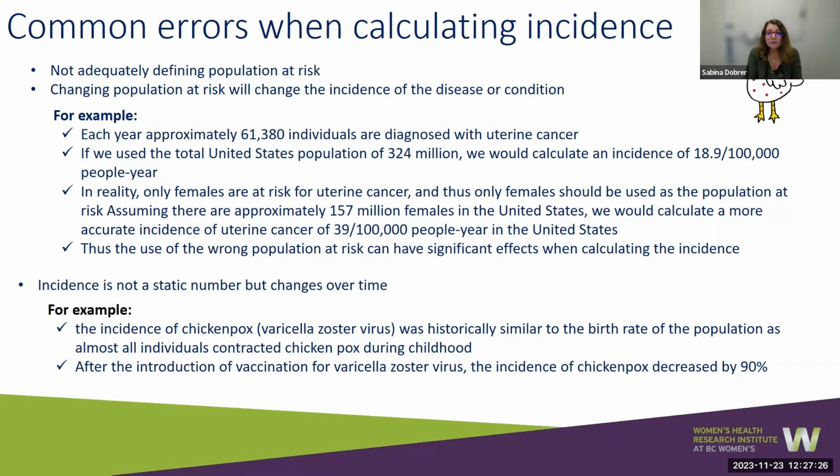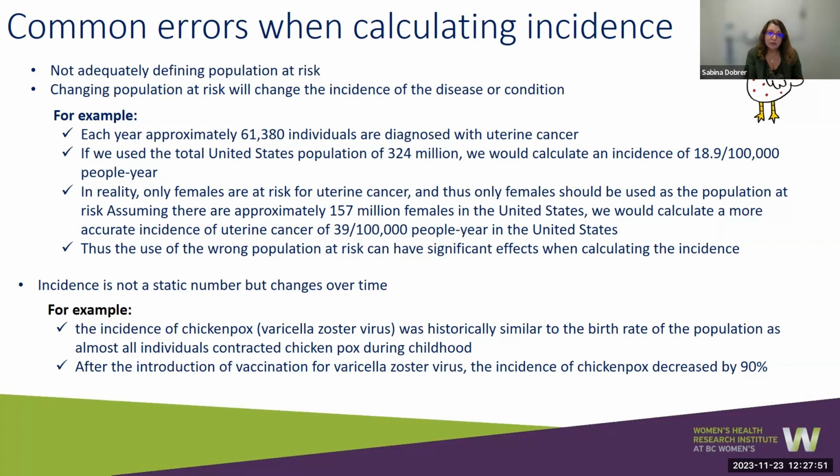So we can't calculate it over the full population of the United States. We need to calculate it only on the female population in the United States. So when we recalculate it over the actual population at risk, the incidence rate of uterine cancer will be much, much higher because we use the correct population.